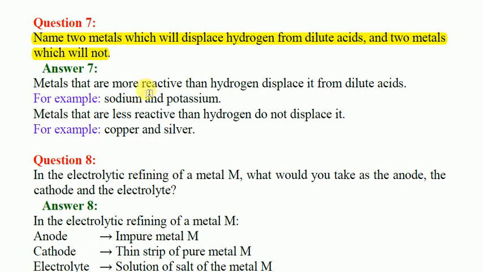Less reactive elements cannot displace hydrogen from acids, and only more reactive elements can displace hydrogen from acids. For example, sodium and potassium are more reactive metals; they can displace hydrogen from acid. Copper and silver are less reactive metals; they cannot displace hydrogen from acid.